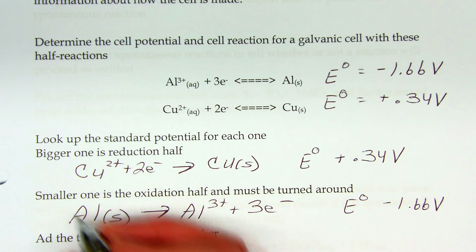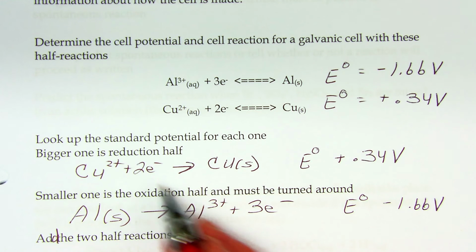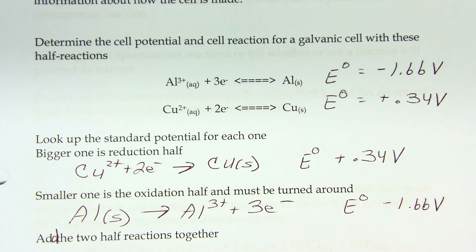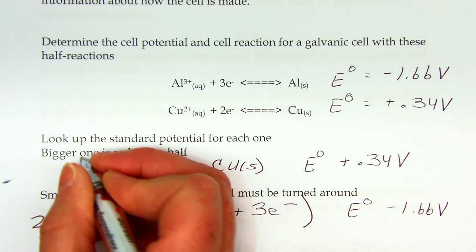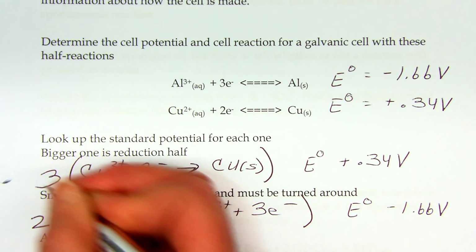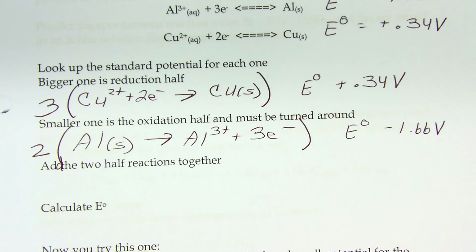Now we add the two halves together. So I have 2 electrons here and 3 here. In order to add them together, I have to have the same number of electrons on both sides. So I'll multiply this half by 2, and I'll multiply this half by 3. And I do not do anything to those numbers. I don't multiply the numbers, I just multiply the chemistry.